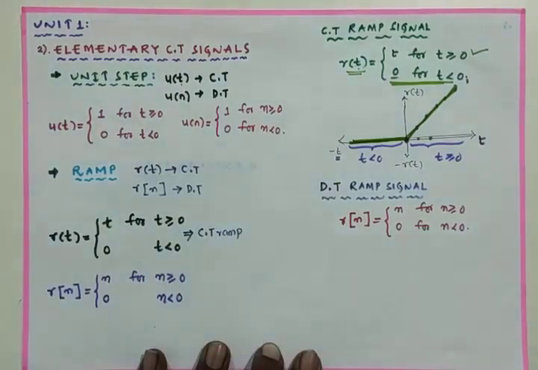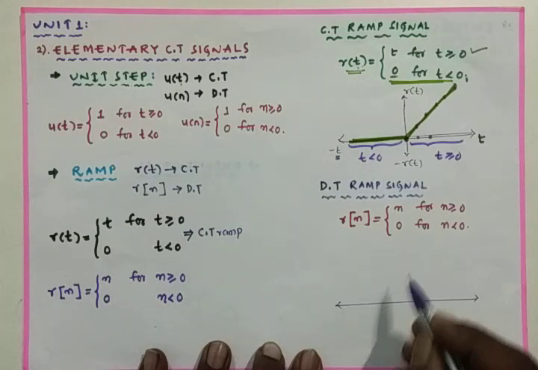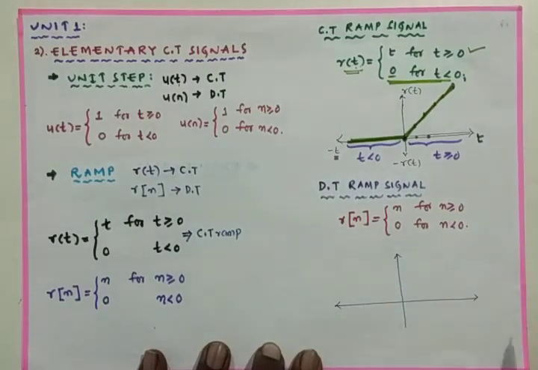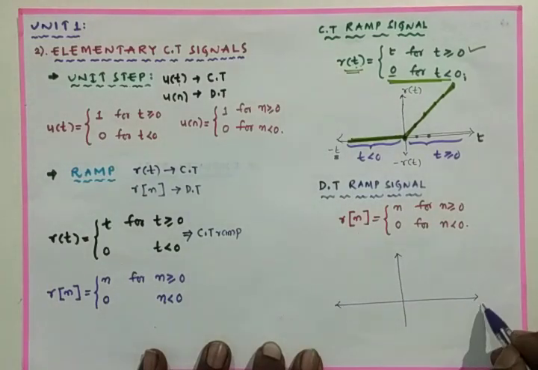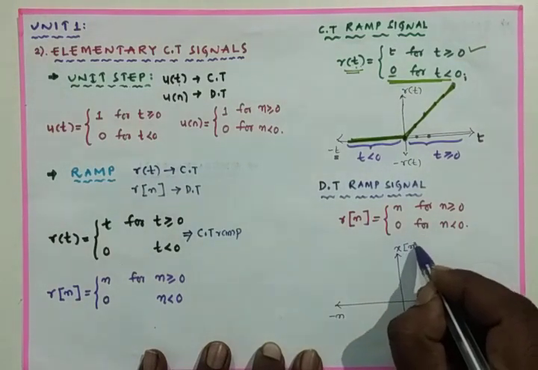Discrete time ramp signal, I am taking the graphical representation to represent this particular signal. This is the x-axis and this is the y-axis. The x-axis is always used to represent the independent variable. Here the independent variable is n, and this is x of n.